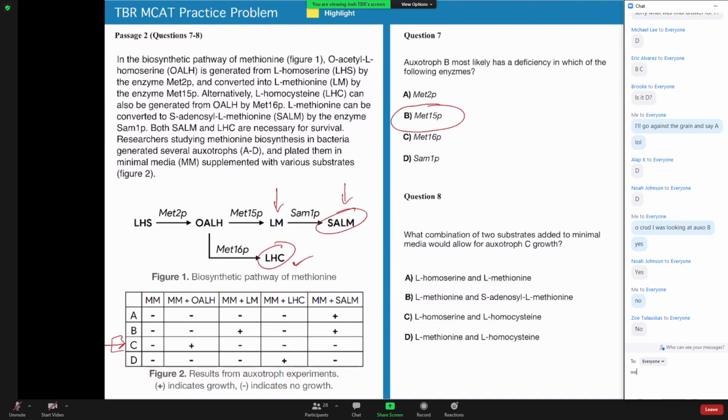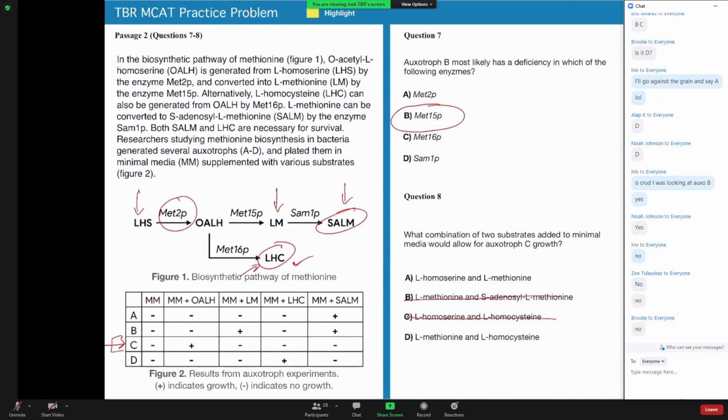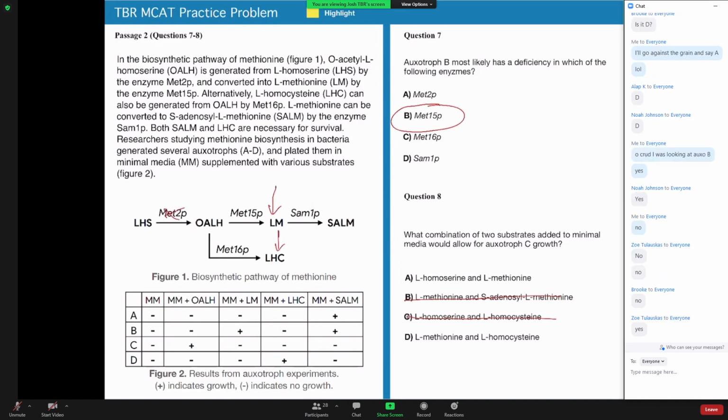Nope. What about L-homoserine and L-homocysteine? Well, we know this one's deficient, so wouldn't that one work, right? And what about answer choice D? Let me erase all this. So this is the one that doesn't work. L-methionine and L-homocysteine. Yep, that would work.